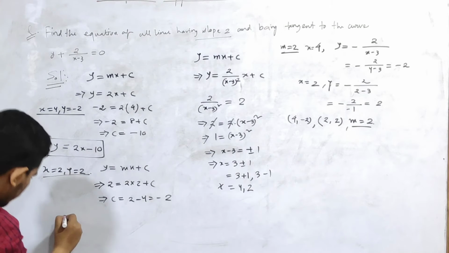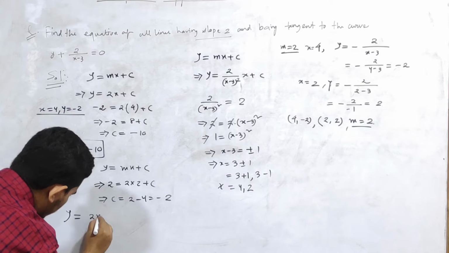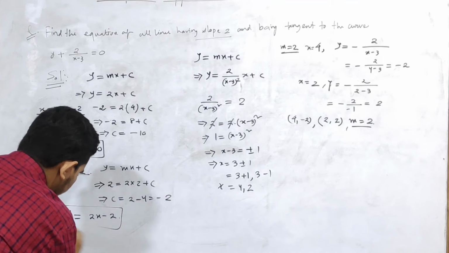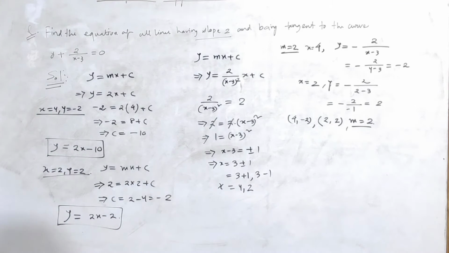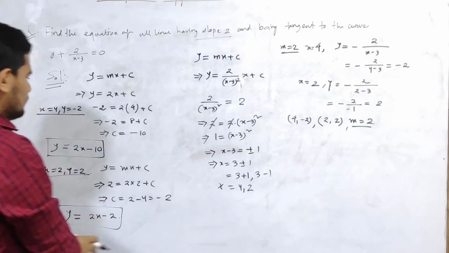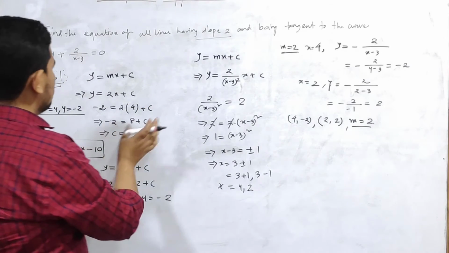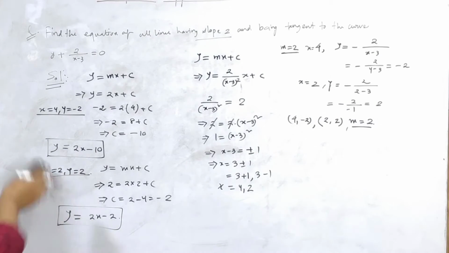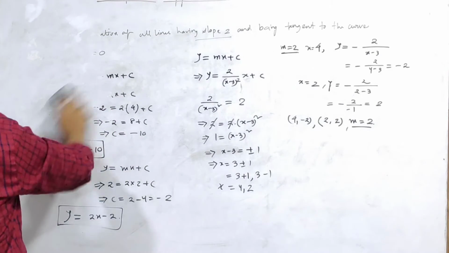So the new line will be y equal to twice x minus 2. So this is the second line. So like this way you can find out the equation of tangent and normal also. In this question we are finding out the equation of tangent only. In the next question we will try to find out the equation of normal as well as the equation of tangent.